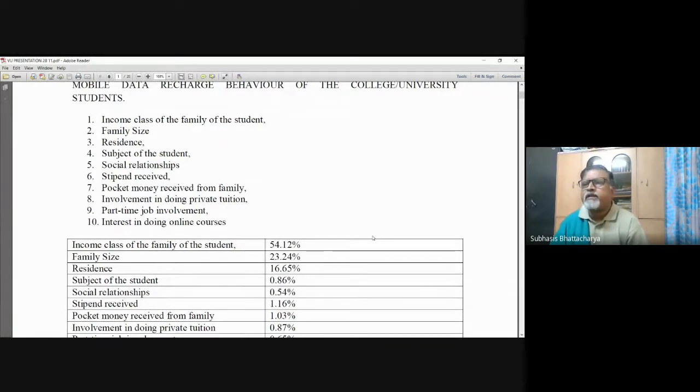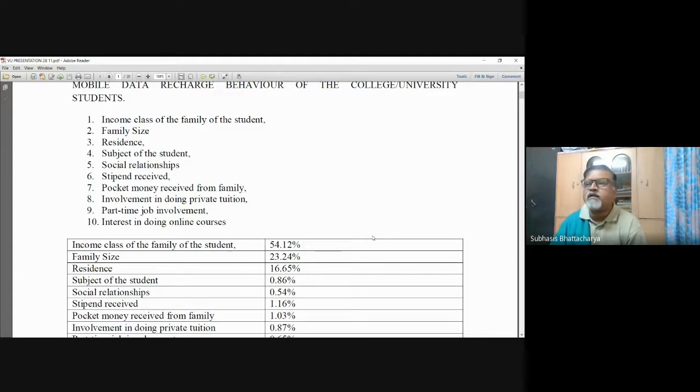Second factor is family size. This is an important factor which influences the data recharge behavior. Third important factor is residence, that means whether they are living in rural, urban or peri-urban areas. And the fourth factor is the subject of the students. For example, a student under Sanskrit and a student under the course journalism.